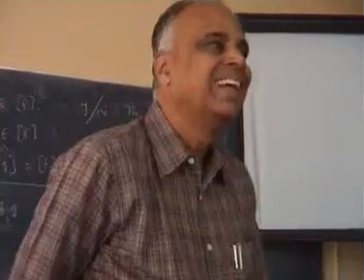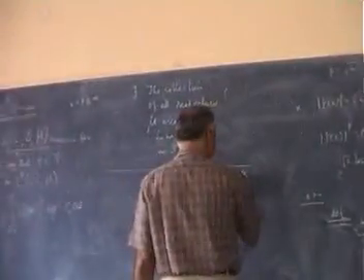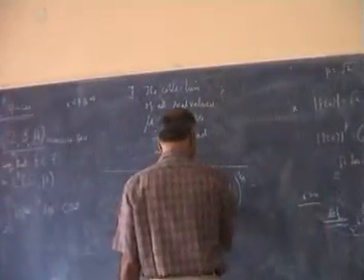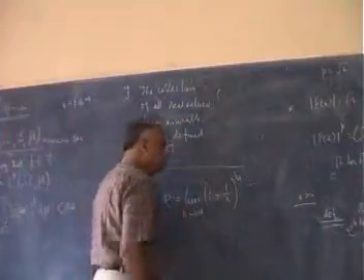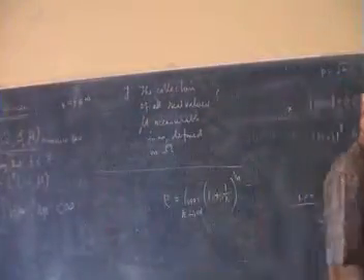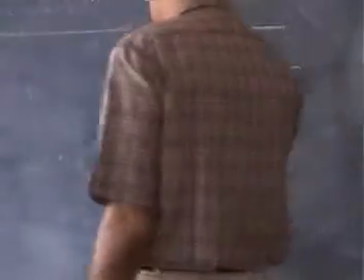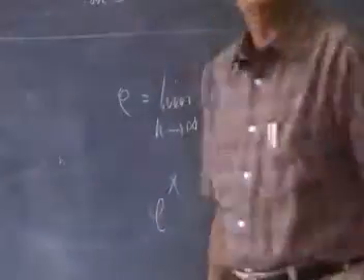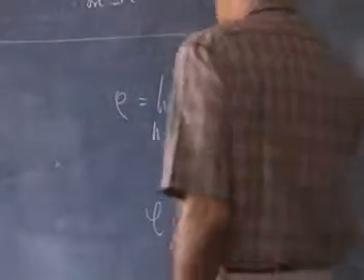The limit of (1 plus 1 by n) to the power of n as n tends to infinity, or (1 plus epsilon) to the power of 1 over epsilon. Suppose this is the definition. That's a number. Then what is e to the x? How do you define e to the x? 1 plus x plus x square by 2 and so on.